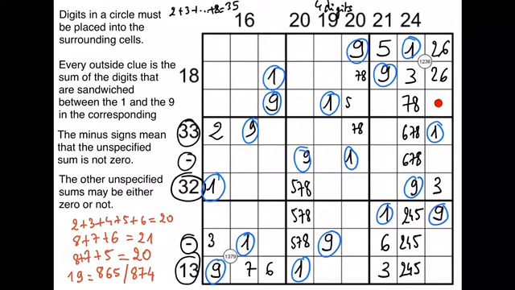And those digits must be 7, 8, and 4. We need a 2, so 2, 4, 7, and 8. And this has to be a 5 because of this 5.